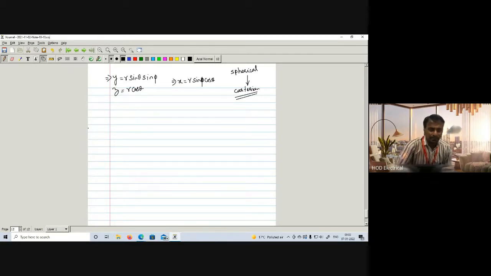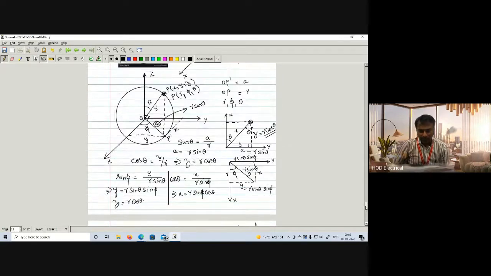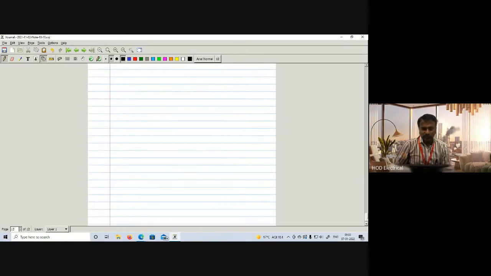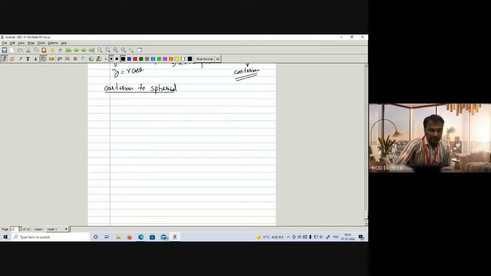Then let me explain how one can convert Cartesian to spherical in two dimensional. If you see here, let me draw once again so that you can easily understand.